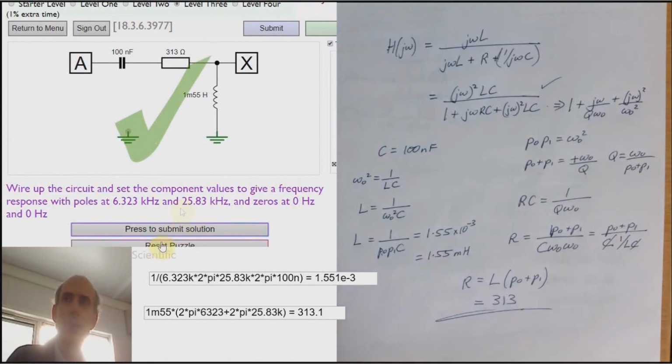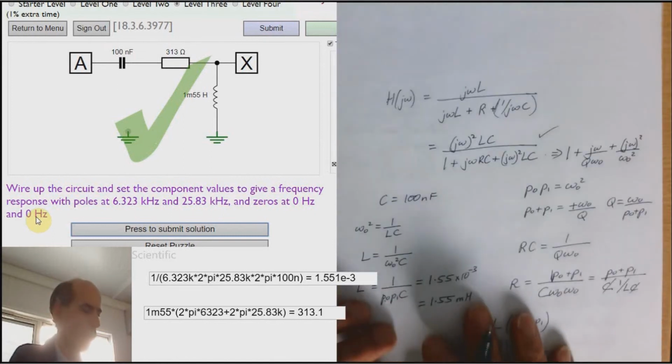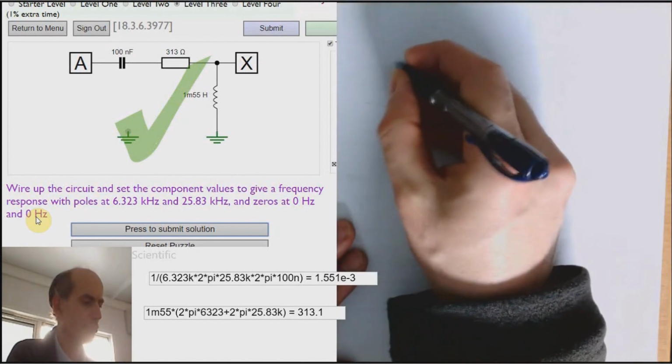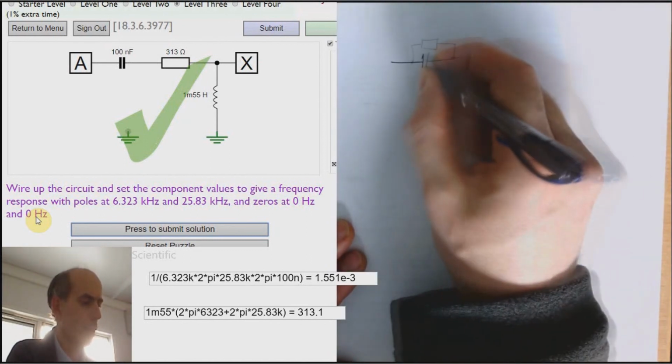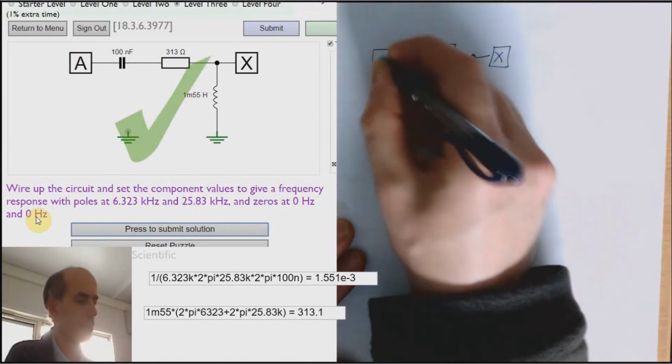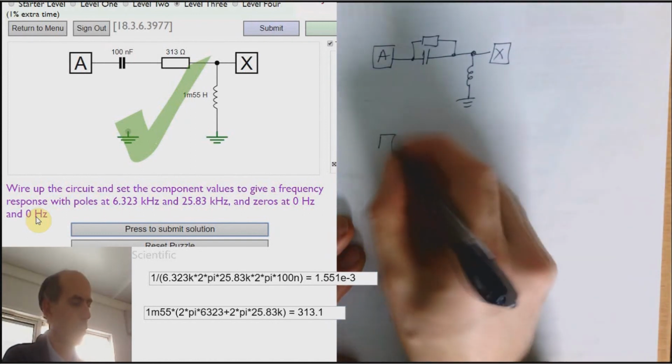The key things are to recognize what topology you need to get the number of zeros at 0 hertz. If we only had one zero at 0 hertz, then I would have had to use a different topology, something like that, for example, or possibly something like this.